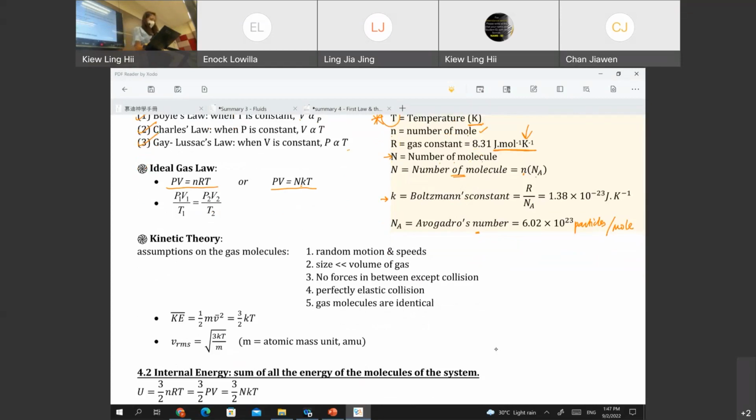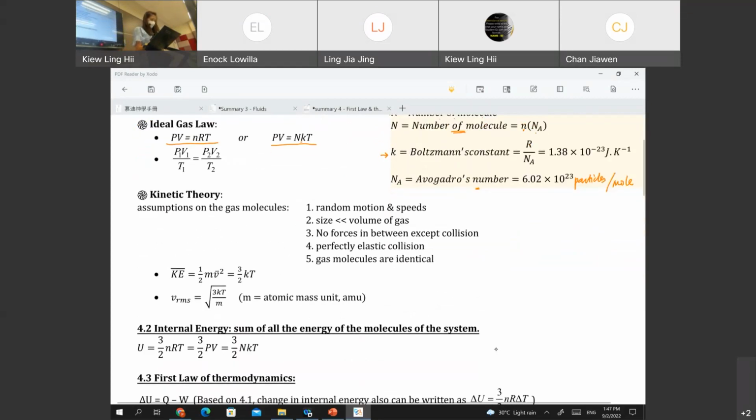So there are 5 assumptions for kinetic theory, which you have memorized yesterday, I think. The particles move in random motion and random speed. Their motions are all random. And the size is very, very small compared to the volume of the whole gas.